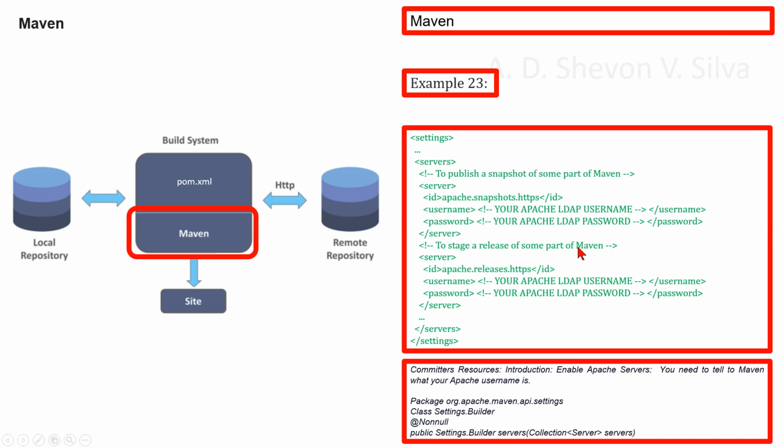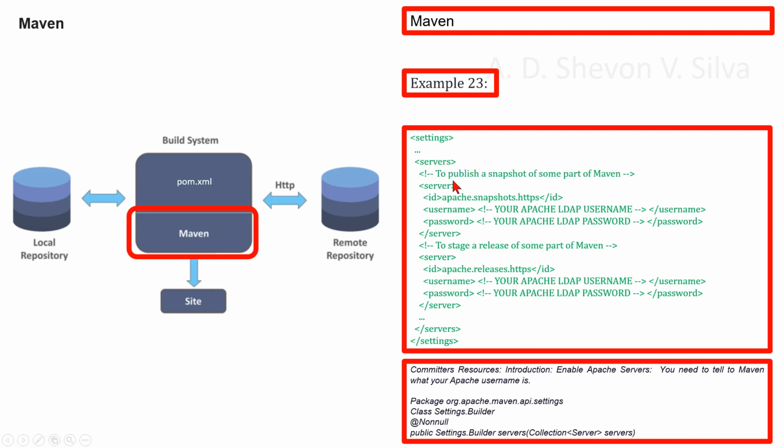Maven uses several server configurations to deploy snapshots and releases on the Apache servers. It is highly recommended to use Maven's password encryption capabilities for your passwords.